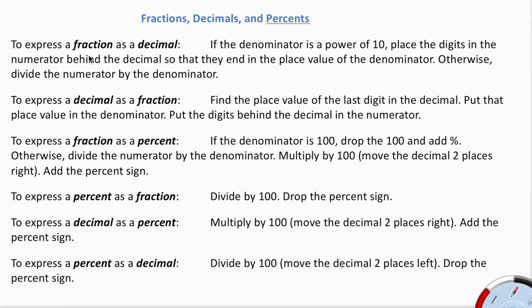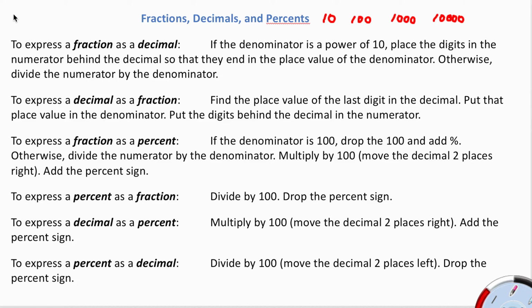To express a fraction as a decimal, if the denominator is a power of 10, in other words, 10, 100, 1,000, 10,000, etc., because these are our decimal places, we can just take the numbers in the numerator and put them behind the decimal.